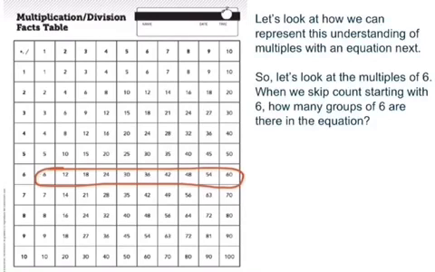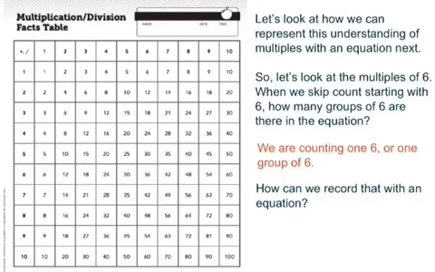So if we start with 6, and I'm only looking at this one right here, how many groups of 6 are there in that equation? Jot down your thoughts on that and come back.